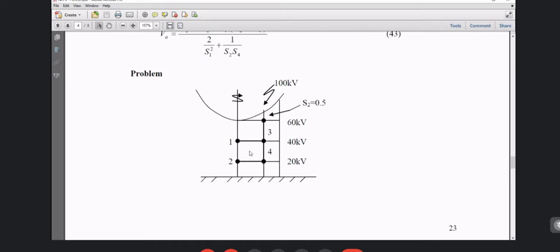Now here is a problem that I have given. Previously in the two-dimensional system I had given the same problem, but here it is an axisymmetric problem. So therefore, this half circle, whatever you are seeing, what is the actual geometry?